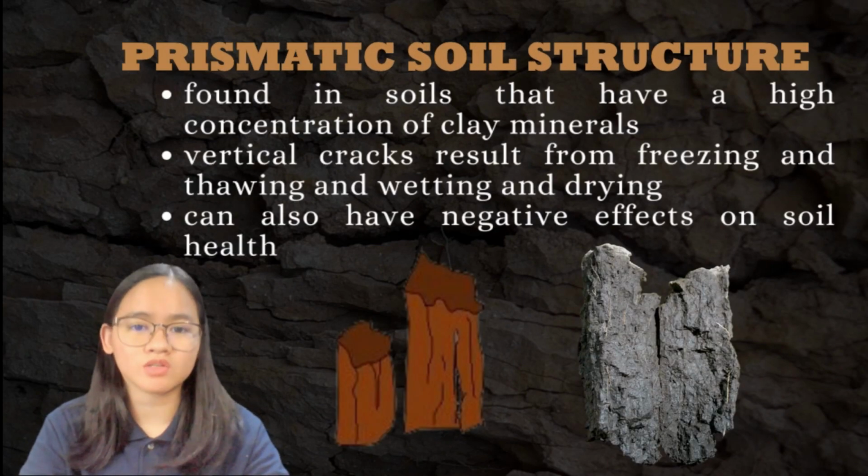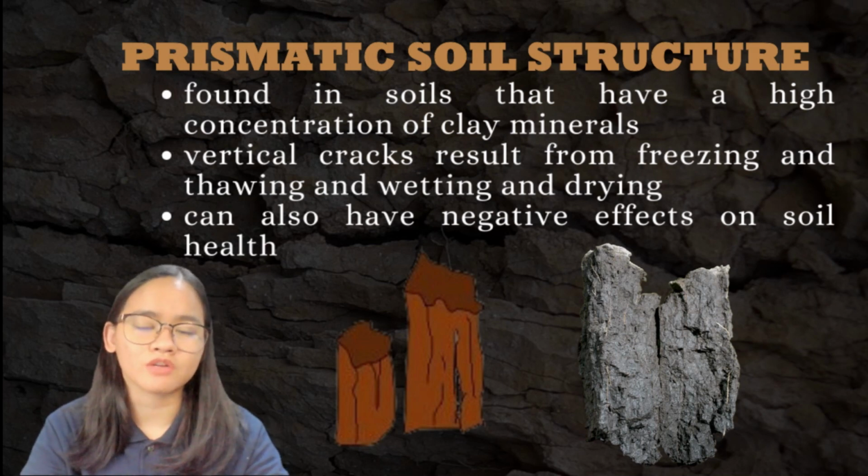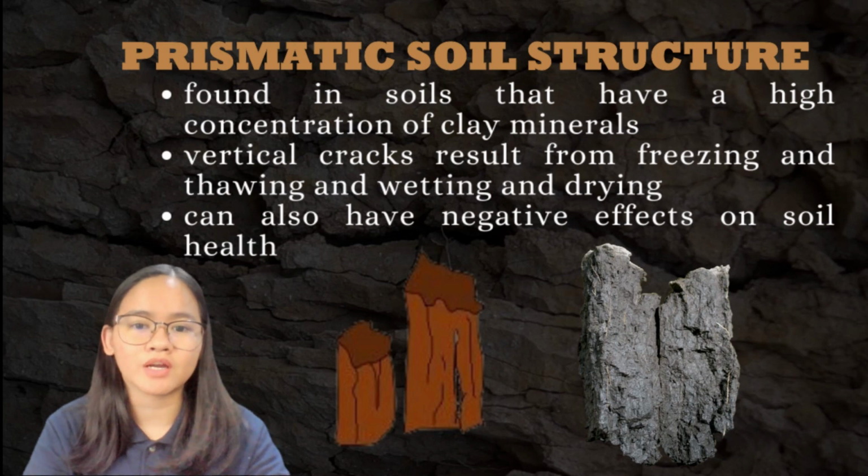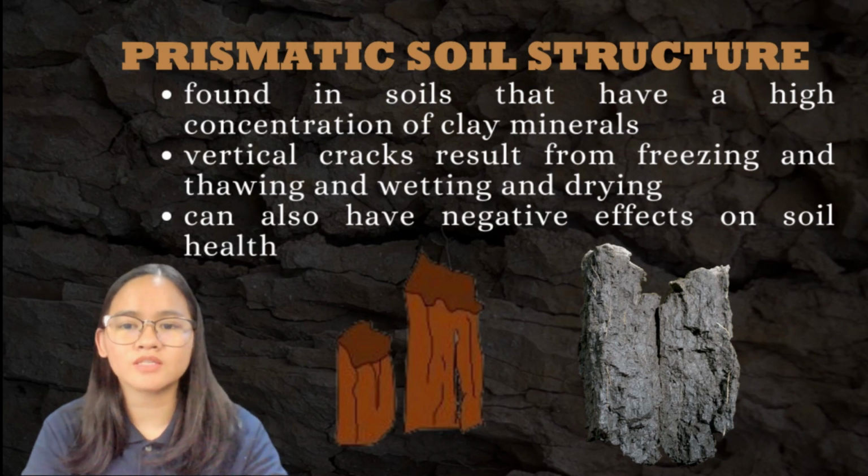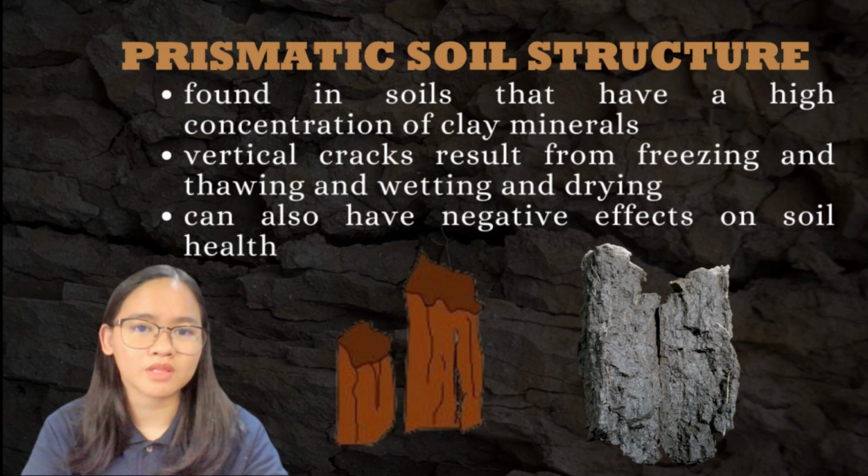Next is the prismatic structure. Prismatic structure is a type of soil structure that is characterized by the formation of vertical columns or pillars within the soil. These columns can be several centimeters in diameter and extend down through multiple soil layers.